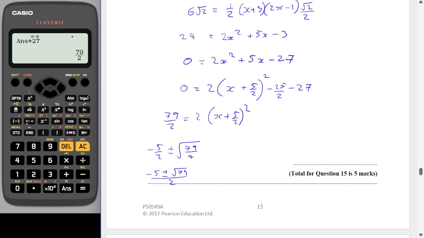So I'm just going to go minus 5 plus root 79, and then I want to divide that answer by 2. So that's going to give me 1.944.